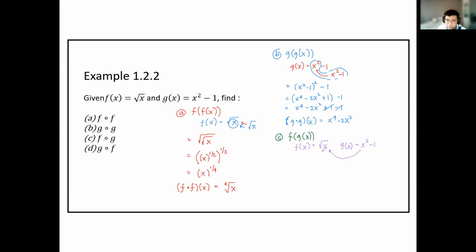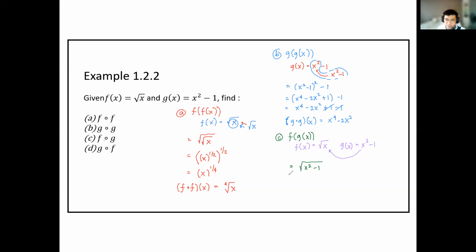So our function becomes like this: square root, and then input the second function into the first function, x squared minus 1. And then I think you cannot further simplify this one, so that's the final answer.